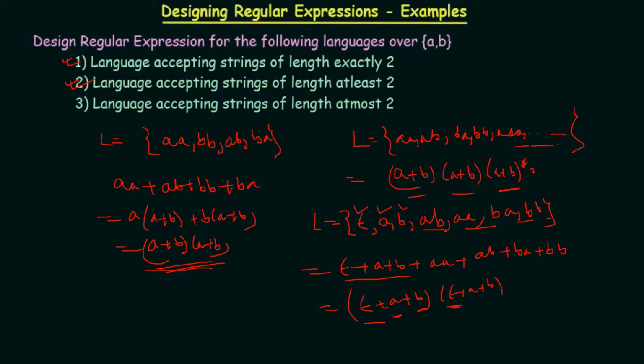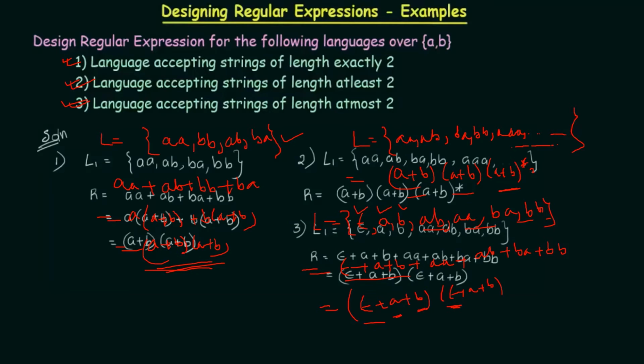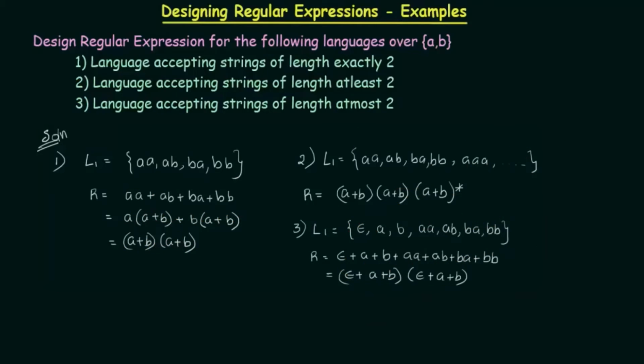You can get all of this, right? So this is pretty much easy. I hope this has cleared your concept for designing the regular expression. So this is the actual or clearer answer.